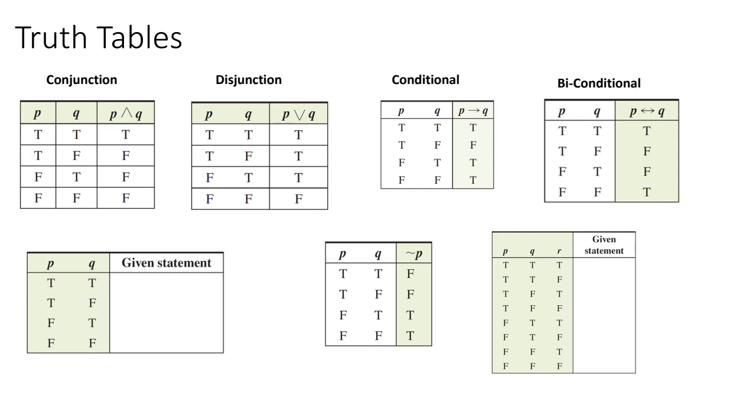So these are all of the different possibilities for P and Q. If you look at all of the tables, you will notice that the first two columns are always the same. So I always recommend my students just learn the pattern for the first two columns. I call those the input values.